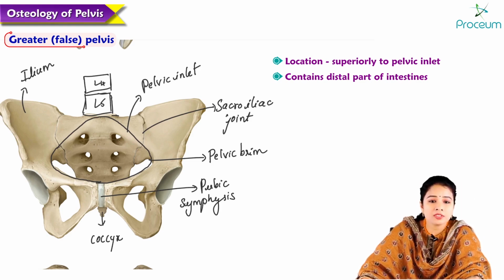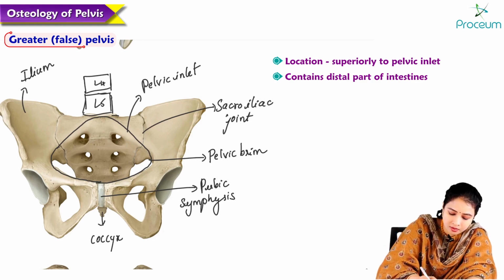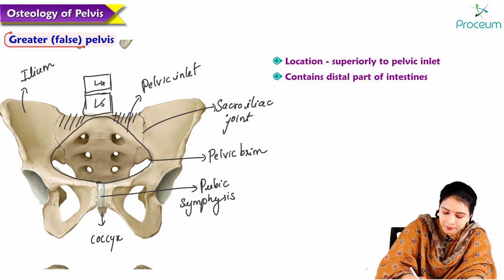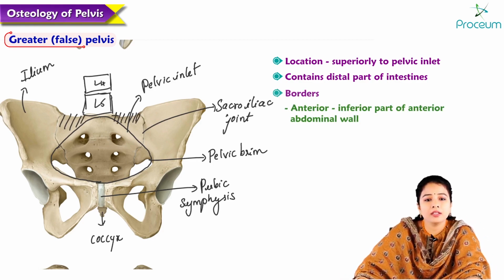And the base of the sacrum posteriorly. So the base of the sacrum also takes part in the greater pelvis. The anterior border of the greater pelvis is completed by the inferior part of the anterior abdominal wall.